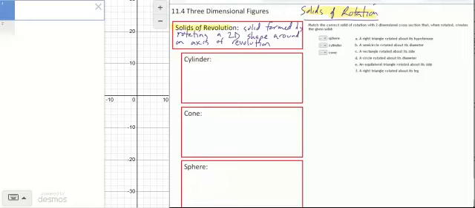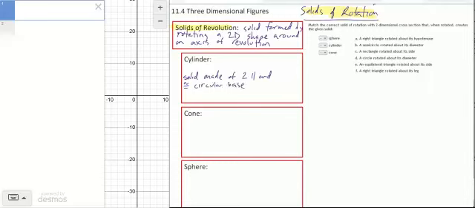For the first way, I'm going to define it in a similar way to how we defined prism and pyramid. Here we take a solid made up of 2 parallel and congruent bases, but this time they're circular bases.